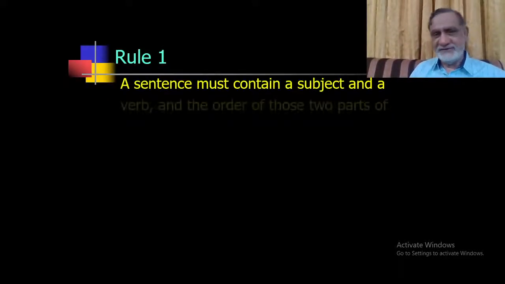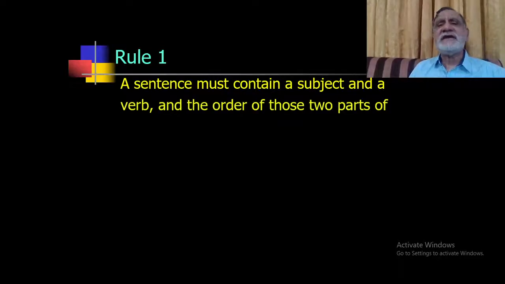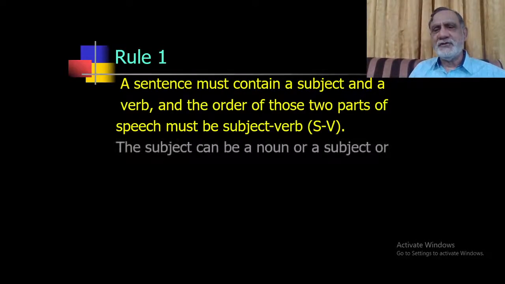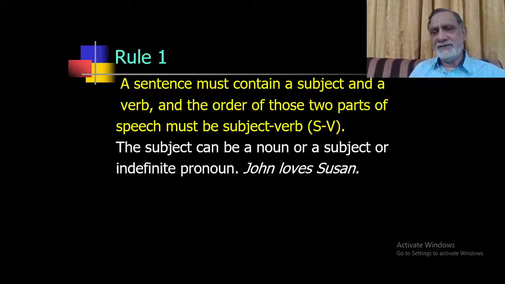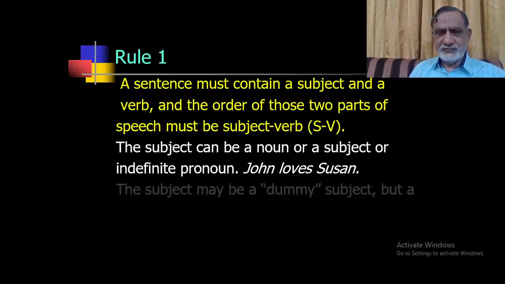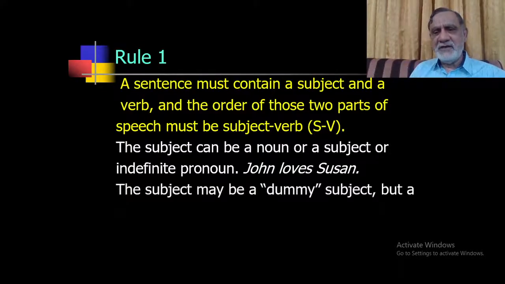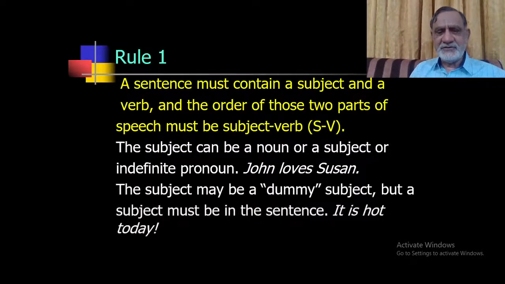Rule number one: a sentence must contain a subject and a verb, and the order of these two parts of speech must be subject, verb, SV. The subject can be a noun or an indefinite pronoun. John loves Susan. The subject can be a dummy subject, but a subject must be in the sentence. It is hot today.